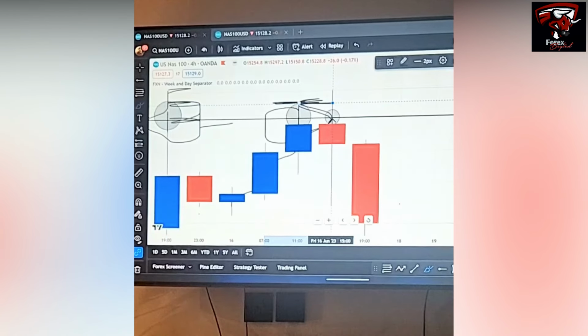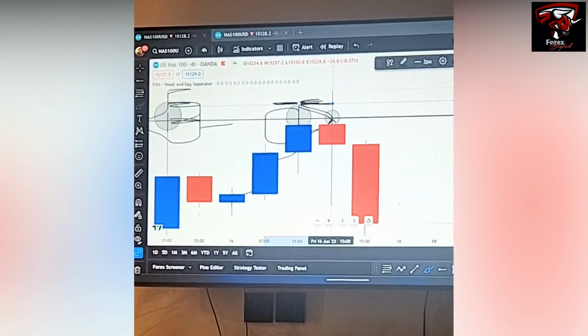If I then go to a 1 minute time frame and I get a change of character, that is telling me that the minor trend has changed from bullish to bearish, which means that the minor trend is going to follow through with my setup, which I believe is them taking out the sell side liquidity. So a change of character gives me that confirmation that, listen guys, the buying power is over. It's time to start selling the market. Does everybody understand?